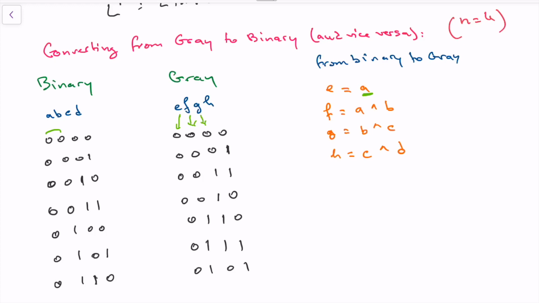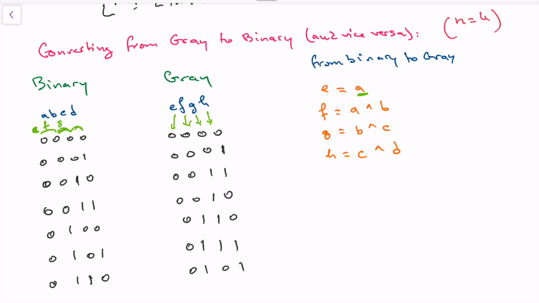The third bit, which is G, is XORing the other two values, B and C. So A gives us E, XORing A and B gives us F, and XORing B and C gives us G, which is this value here. And then for getting H, we XOR also the two successive values, C and D.